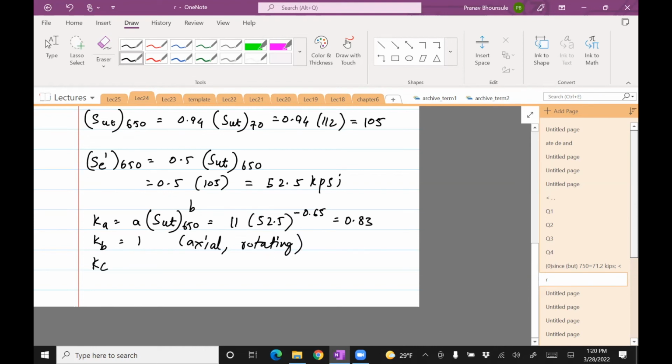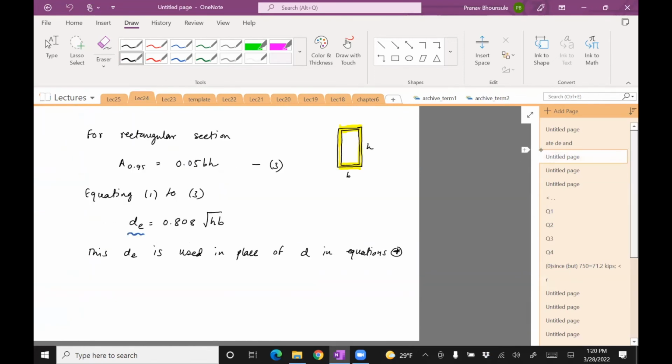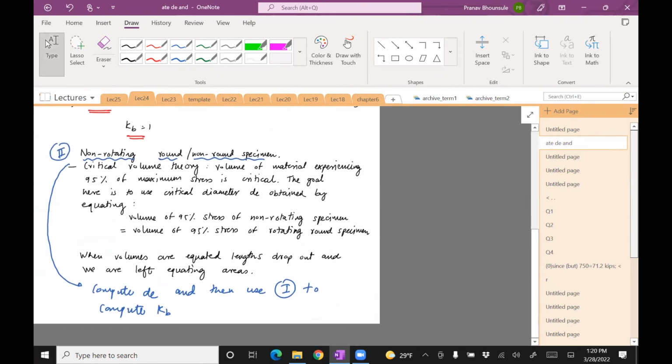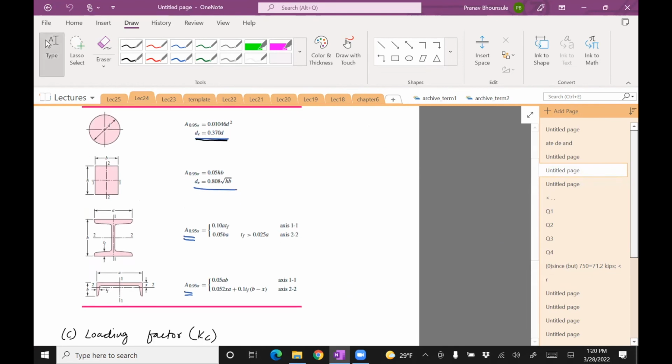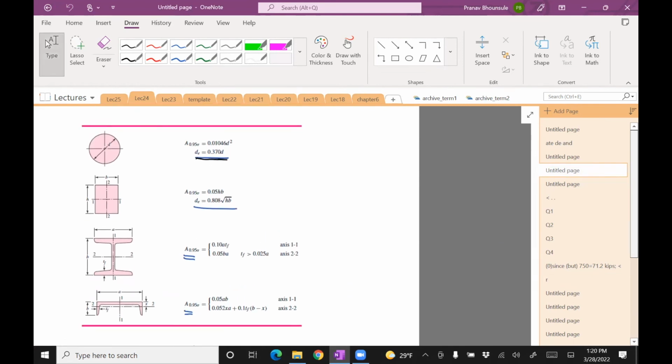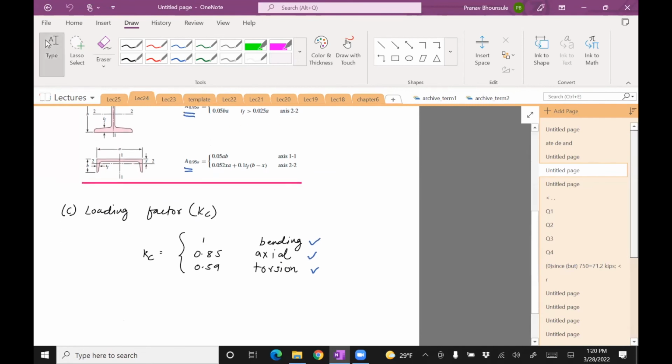Okay, then KC. KC is the size factor. So this is a round specimen. I think there's a table here. Oh, there it is. KC is 1 for bending, 0.85 for axial, 0.59 for torsion. So we know it's axial, so 0.85 for KC.